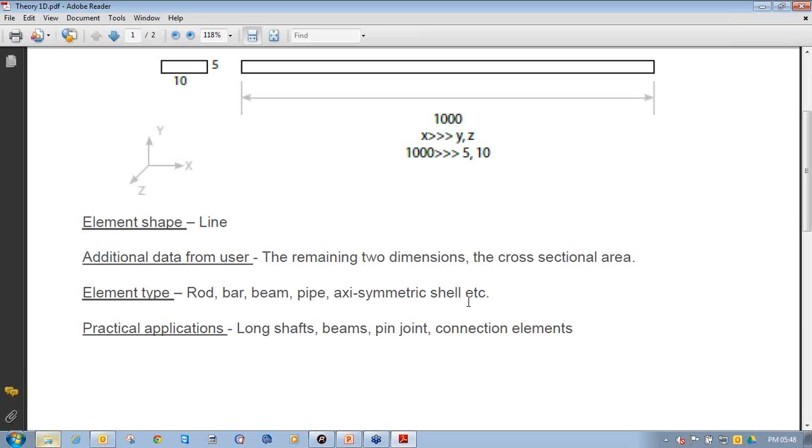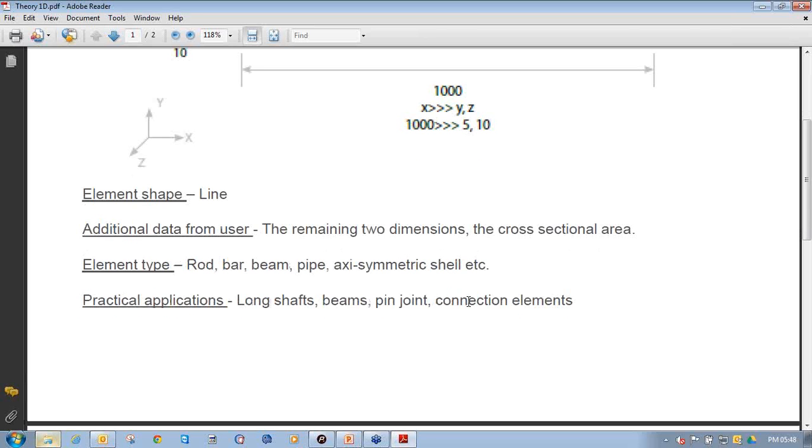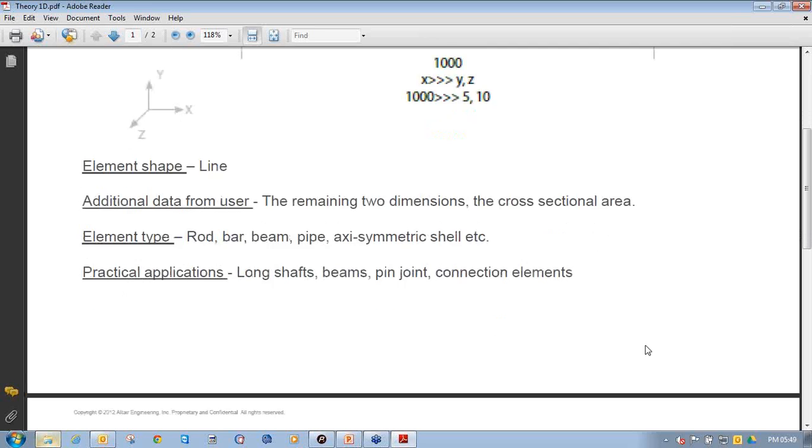There are different types of 1D elements available in HyperMesh, such as rod, bar, beam, pipe, axisymmetric shells, etc. The practical applications for 1D element simulation are long shafts, beams, pin joints, connection elements, etc.